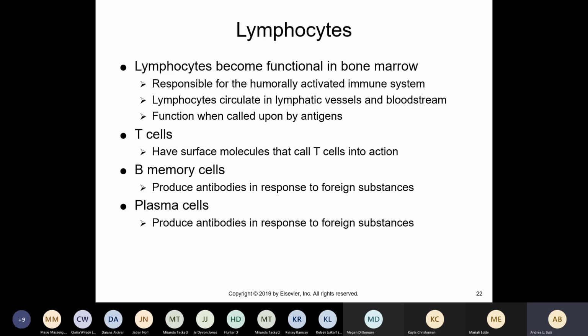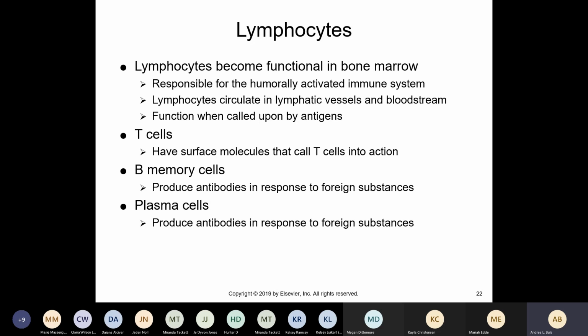The B memory cells are the ones that, like right now, we're wanting to know, are our bodies producing antibodies against this crazy coronavirus? The B cells are part of the humoral immune system, and they are the ones that do produce antibodies in response to foreign substances. So they have memory. Our immune system has memory.